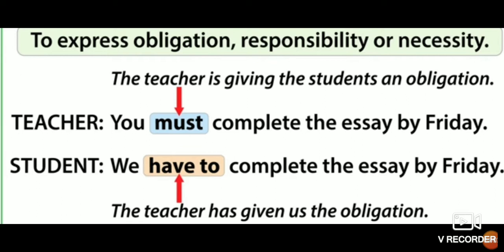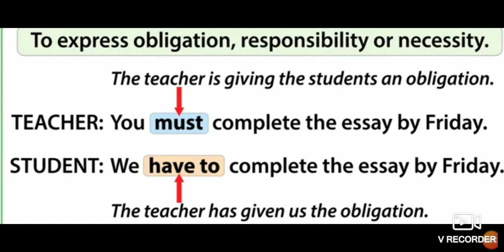Now one more sentence. See, teacher: You must complete the essay by Friday. Student: We have to complete the essay by Friday. Now see both sentences. In the first sentence, the teacher says, you must complete the essay by Friday. The teacher is giving the students an obligation.